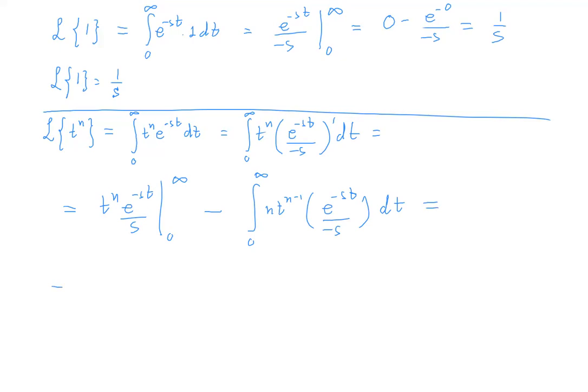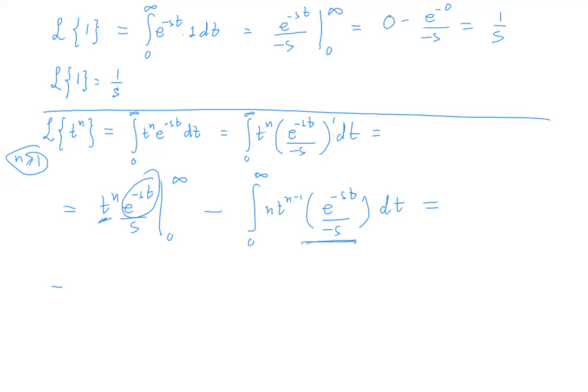Interestingly enough, if n is greater than or equal to 1, and we can suppose that because we found it for 0, the boundary term will actually give you 0, because when you plug in t equals 0, that gives you 0. And when you take the limit as t tends to infinity, this decays very fast and gives you 0, which means that the only thing that makes it out of here is this part right here.